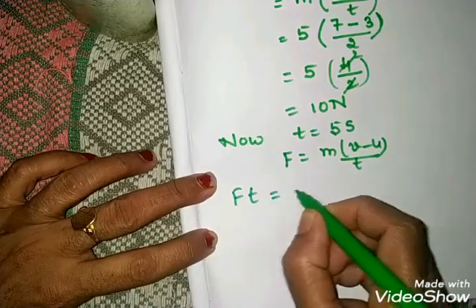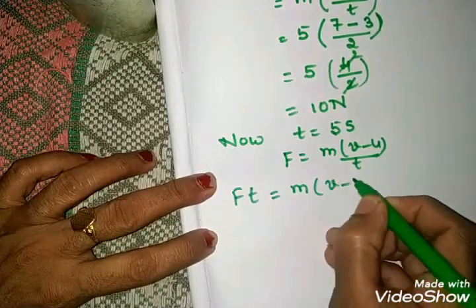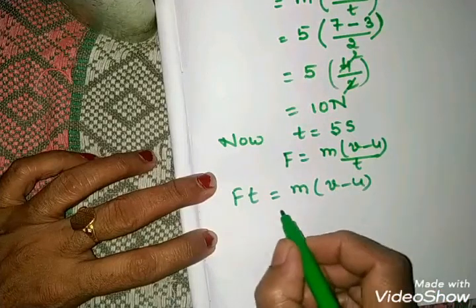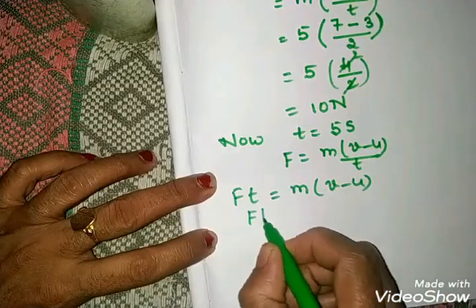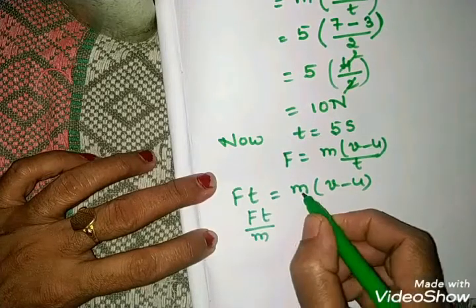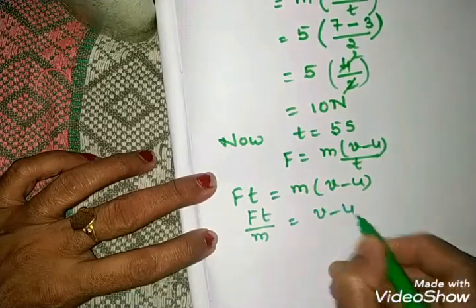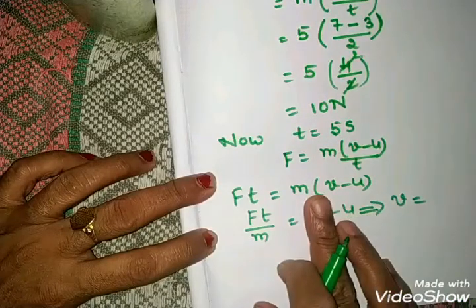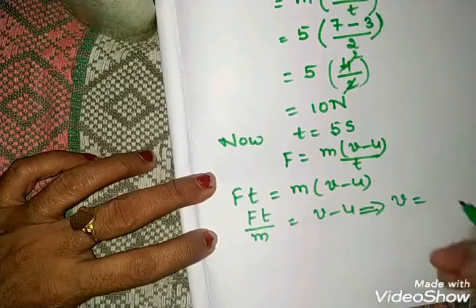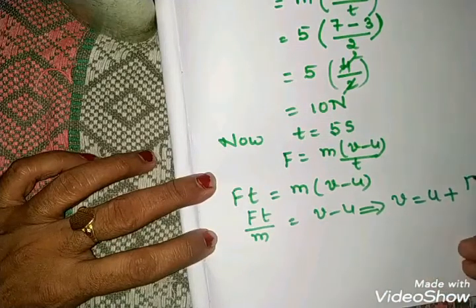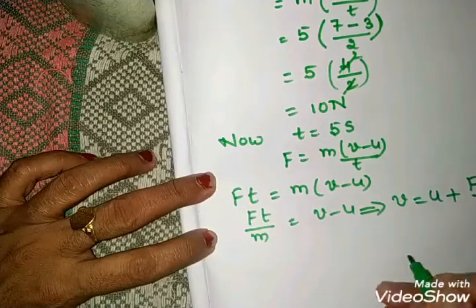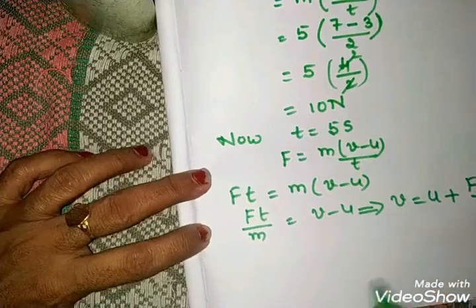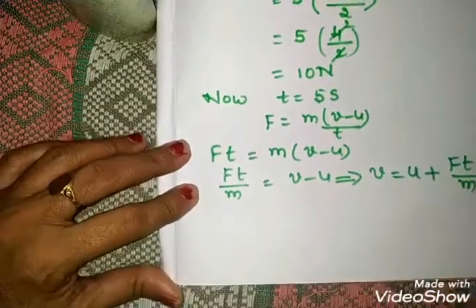F into t is equal to m(v minus u). Now bring this m to this side: ft divided by m is equal to v minus u. Now what do we need, children? We need only v. Keep v here and take this u to this side. So we get v is equal to u plus ft divided by m.